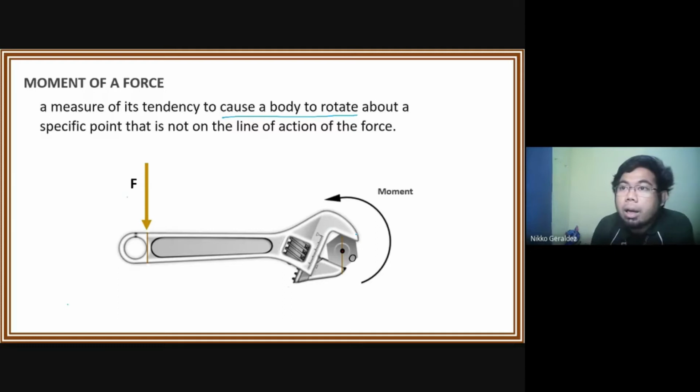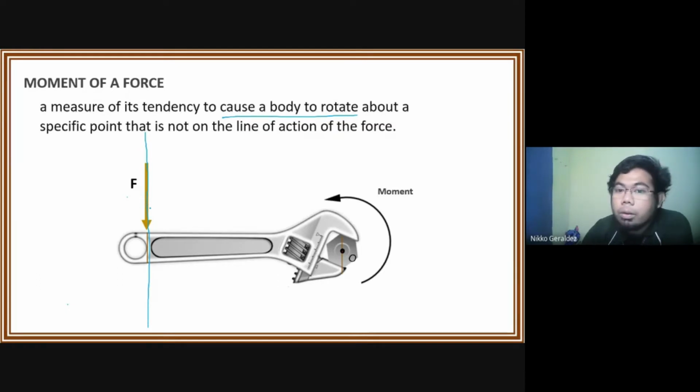Lagi yung tatandaan: ang point of rotation, wala sa line of action ng force. Kung ito yung force mo, ito yung line of action. Nakita natin sa figure, wala doon sa line of action ang point of rotation.